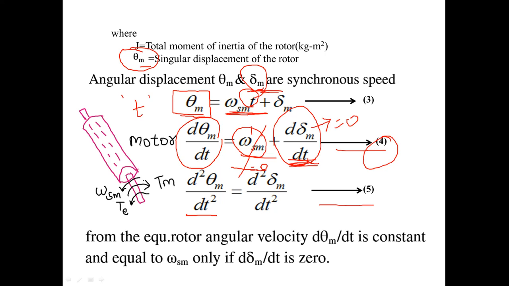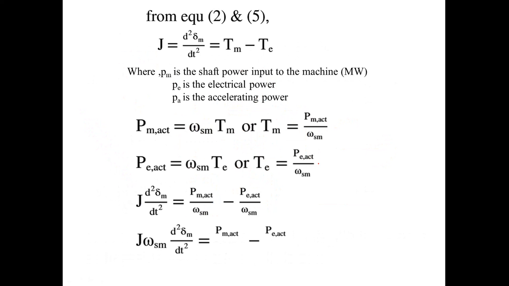So here from equations 2 and 5, we can write the shaft power, mechanical and electrical power in the rotor. We are assuming the power. Generally we know the power formula 2πNT by 60. From this I'm going to substitute the mechanical and electrical torque.